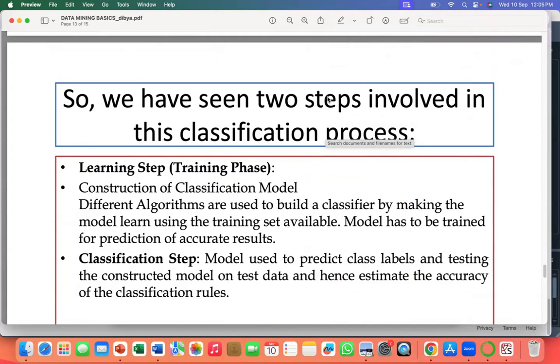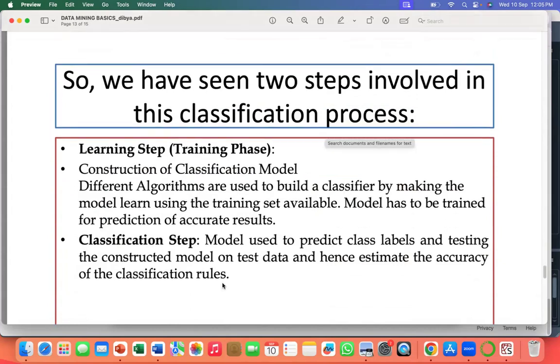So we have seen there are two steps involved in the classification process. First is the learning step, also known as the training phase, where we construct the classification model. Different algorithms are used to build the classifier by making the model learn using the available training set, and we have to train the model to predict accurate results.